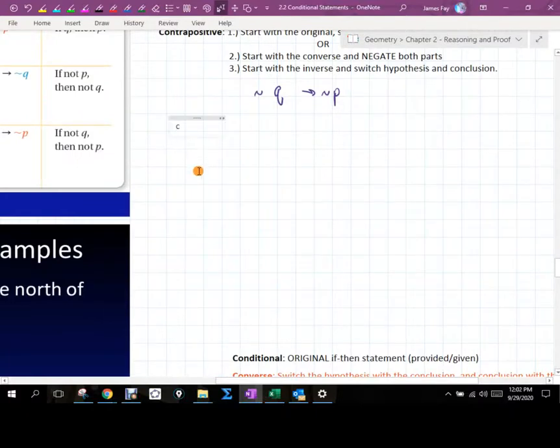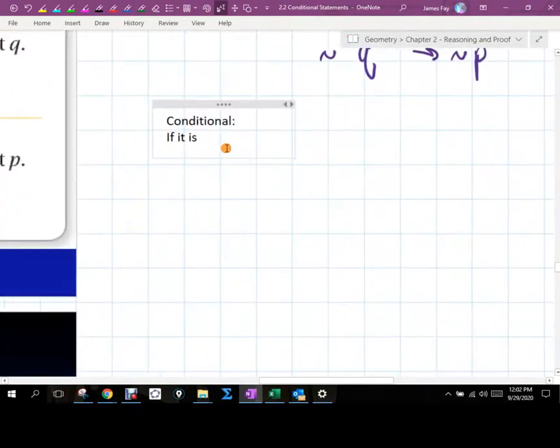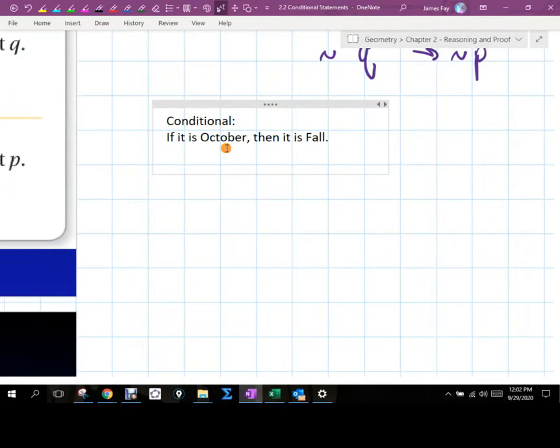Let's say my conditional, and I'll zoom in on this in a minute, is if it is October, then it is fall. Let's say that's my original conditional.